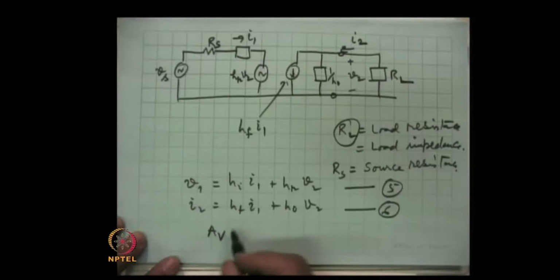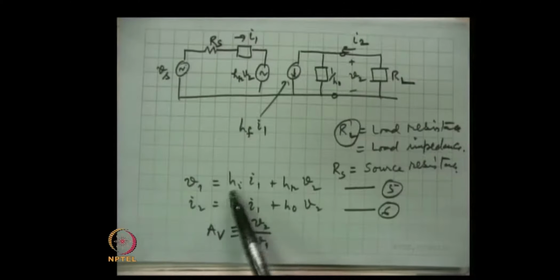Unknown parameters are these currents and voltages, while the H parameters are known, and the expression may contain these impedances which are also known. So, we have to manipulate the equations to get these values. So, first we derive an expression for voltage gain.